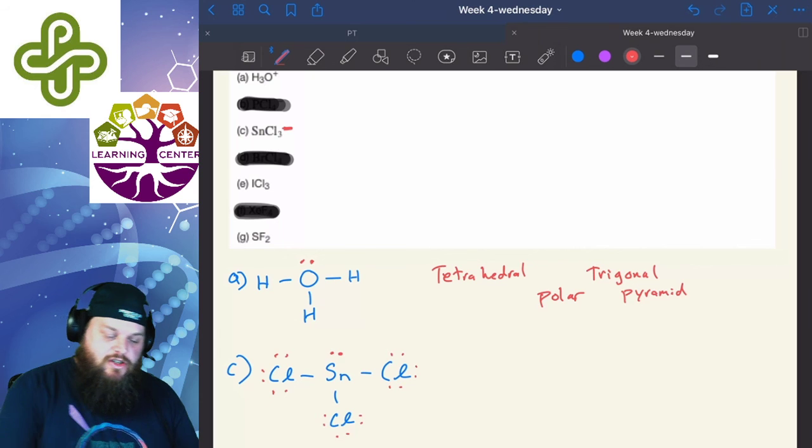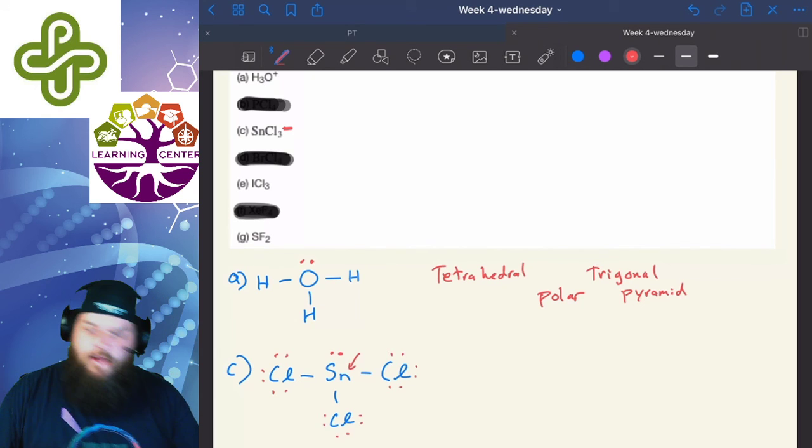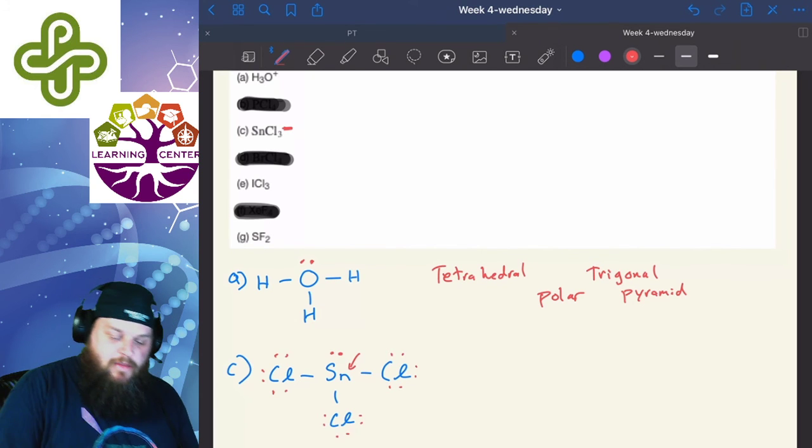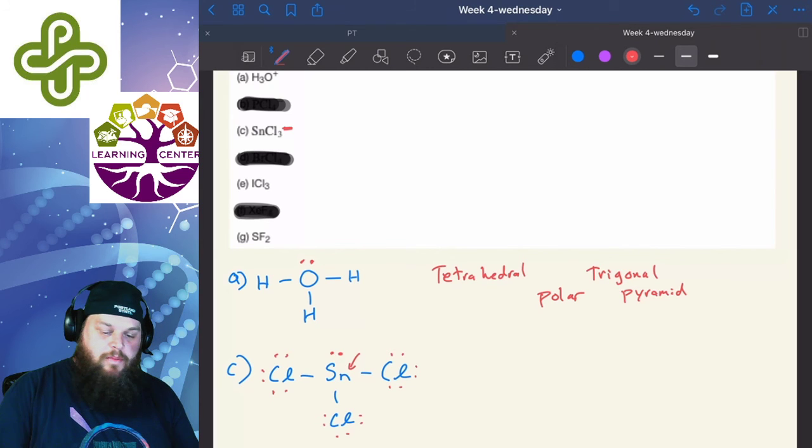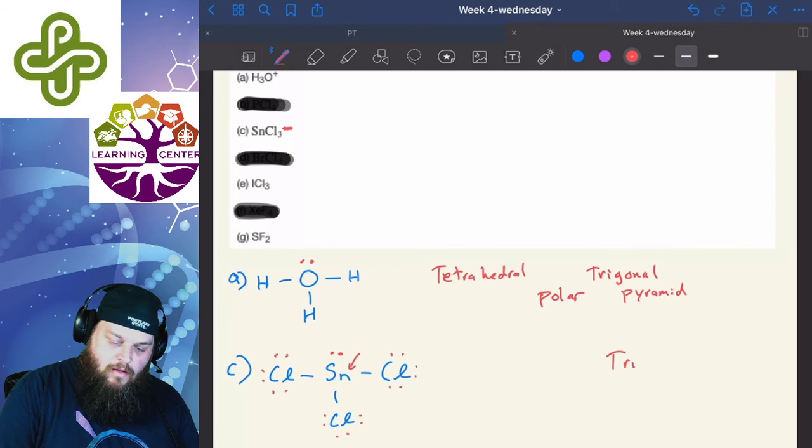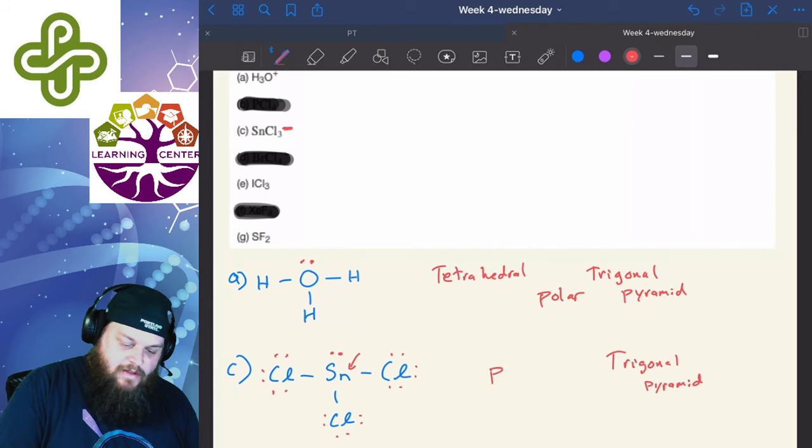Now looking at the shape of this Sn atom in the middle, it's going to be tetrahedral in electron geometry, but it's also going to be trigonal pyramid, because of that lone pair, which makes it a polar molecule as well.